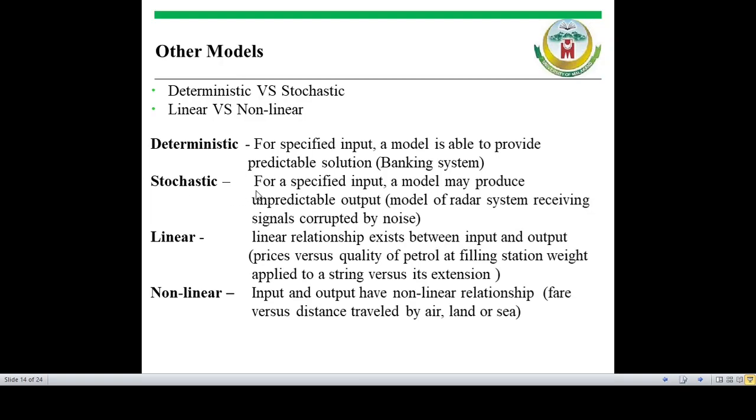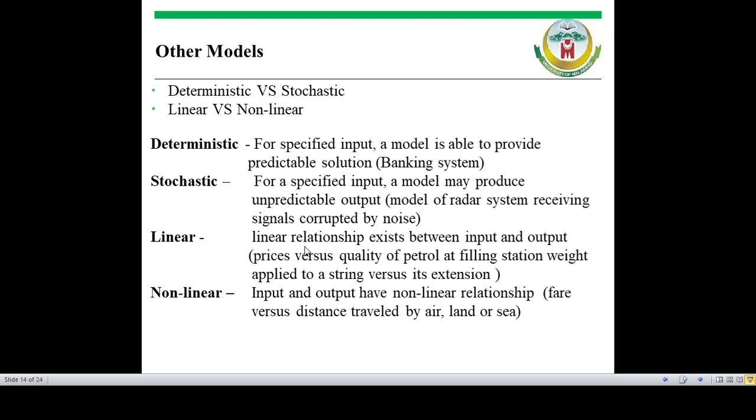In a stochastic model, for a specific input, the model may produce unpredictable output. At one time we may have one output for a given input, and at another time we can have a different output for that same input. These are called stochastic models.